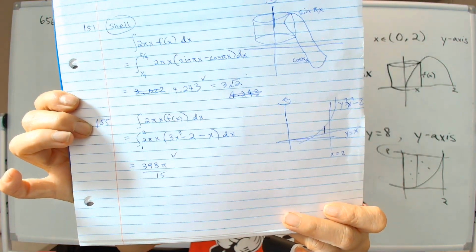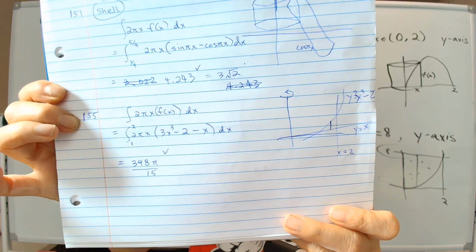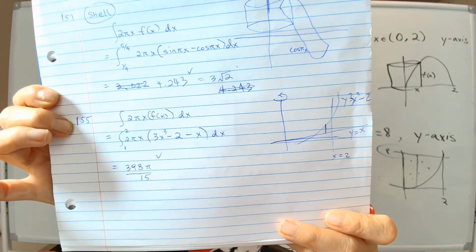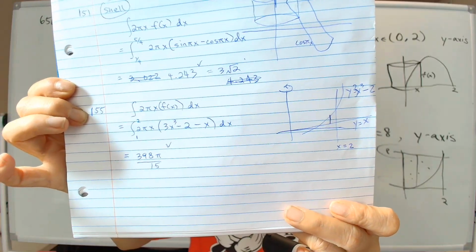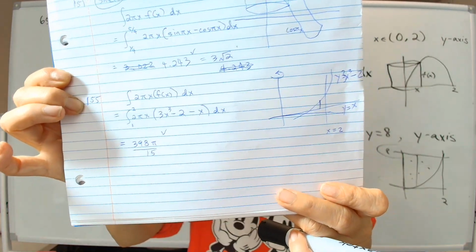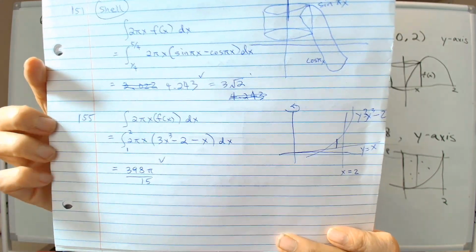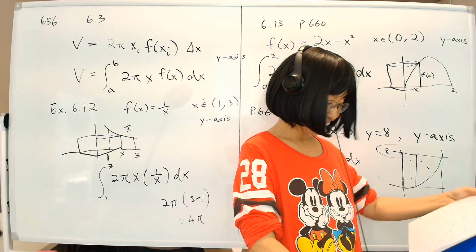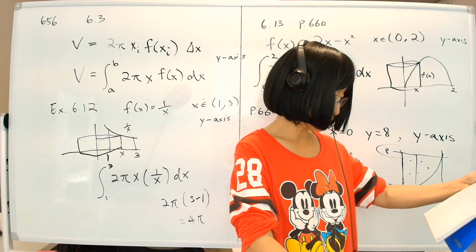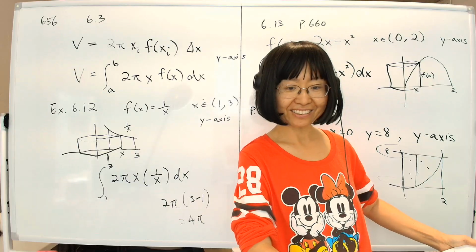That's the height of your shell, and the diameter of your shell is of course 2 pi x, and you multiply all together and integrate it. This is fairly easy to integrate, but I just plugged it into the calculator anyway, and out pops that answer that proves to be correct. That answer looks like there's going to be a lot of work, so let's skip that and use the calculator.